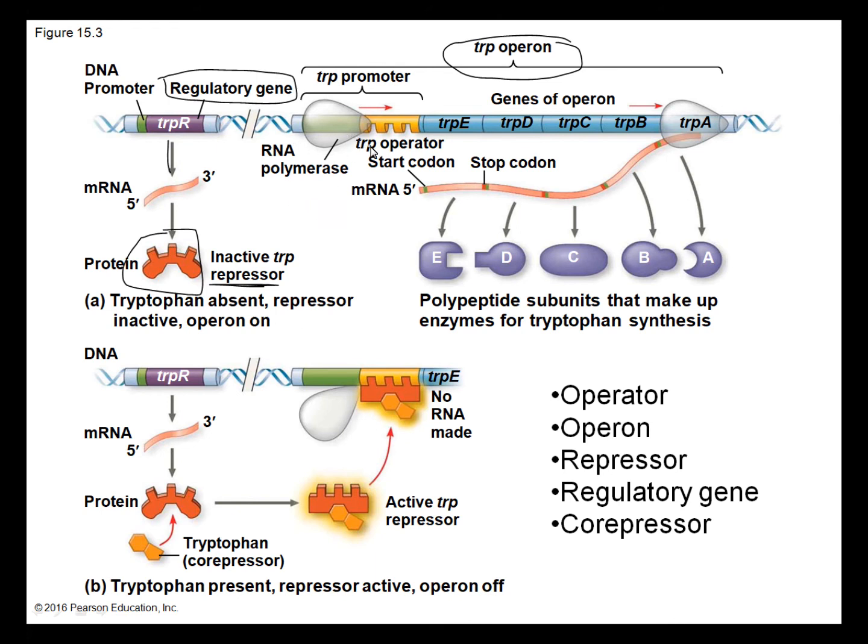So in the absence of this repressor, the RNA polymerase binds to the promoter of the operon, and synthesizes the messenger RNA, transcribing all those genes into one messenger RNA, which gets translated.